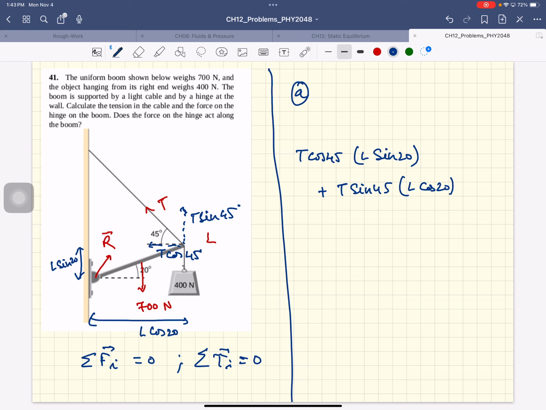For this force, that was the moment arm. For this force, this is the moment arm. What is that equal to? L by 2 cosine 20. So minus 700 times L by 2 cosine 20, and then minus 400 times L cosine 20 equal to 0.